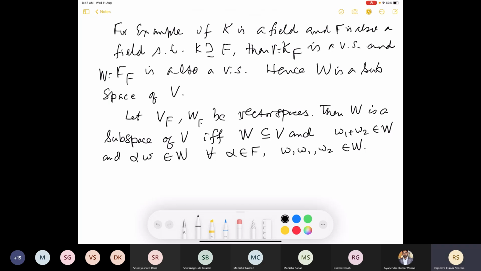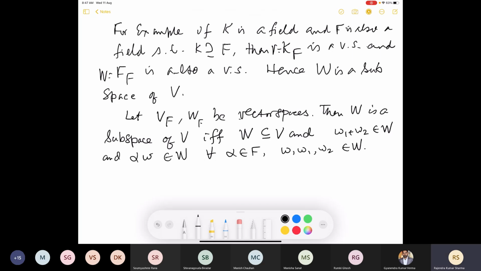So suppose V and W are two vector spaces, and W is a subspace of V. Naturally, then because W is a vector space, these two properties will be satisfied.